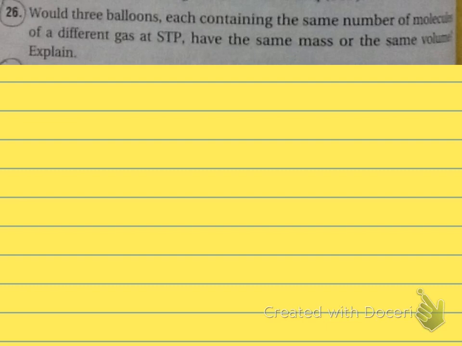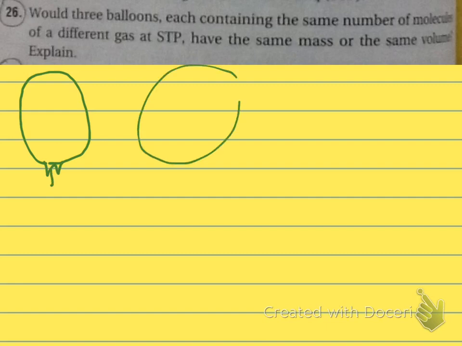26. Would 3 balloons, each containing the same number of molecules of a different gas at STP, have the same mass or the same volume? Explain. So 3 balloons, each containing the same number. So here's a balloon. Here's a balloon. And remember, I'm not very good at drawing, but I think you can tell they're balloons at least.